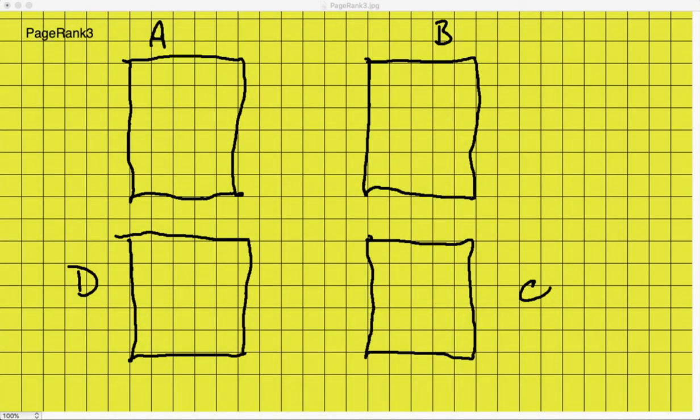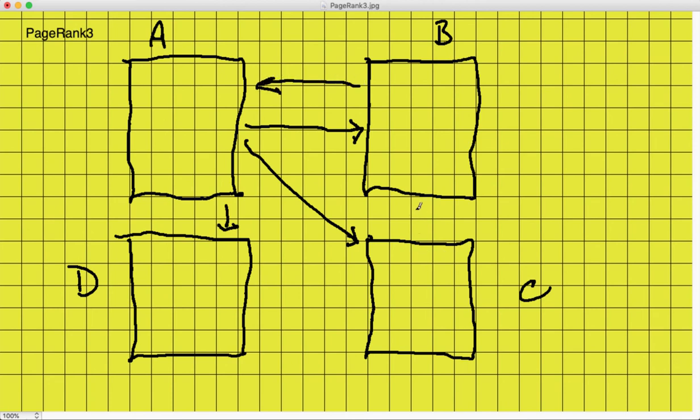So I want you to imagine over here that document A contains a link to B, and it contains a link to C, and it contains a link to D. Let us suppose that B links to A, and B links to C. Let us suppose that C links back to B, and let us suppose that D links to C, and D links to A.